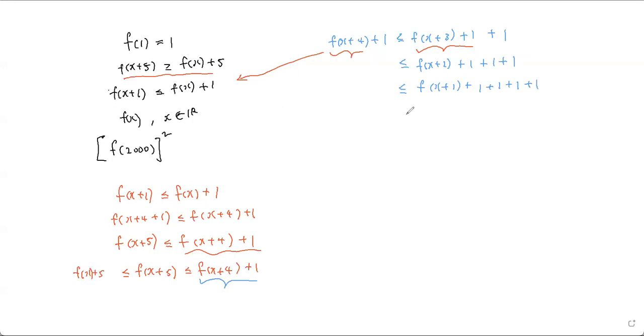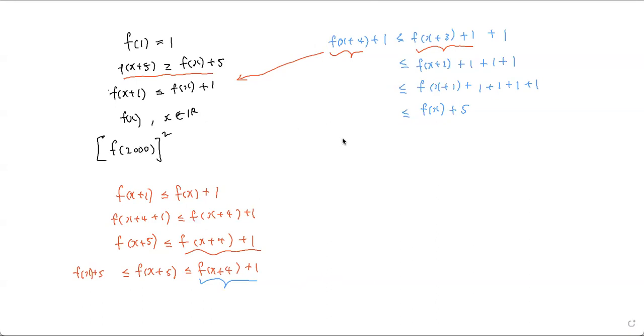By now, I think you should be able to see the pattern, which is less than or equal to f(x) + 5. That's quite important, because we just realized that f(x + 4) + 1 is less than or equal to f(x) + 5. I'm going to write the inequality again.